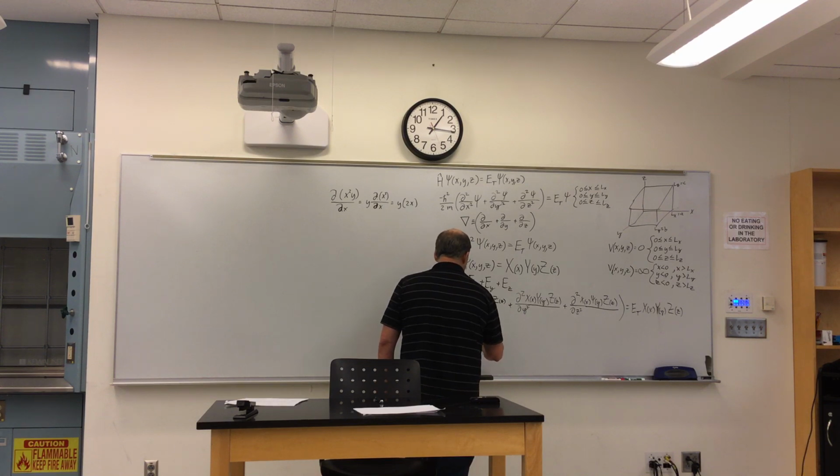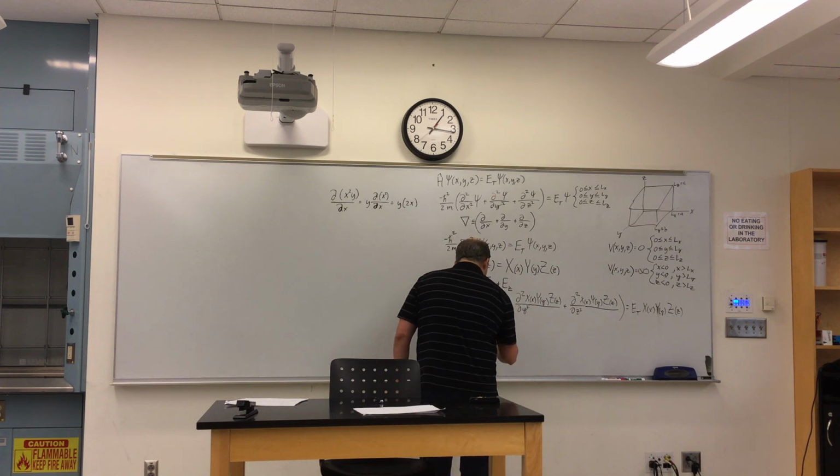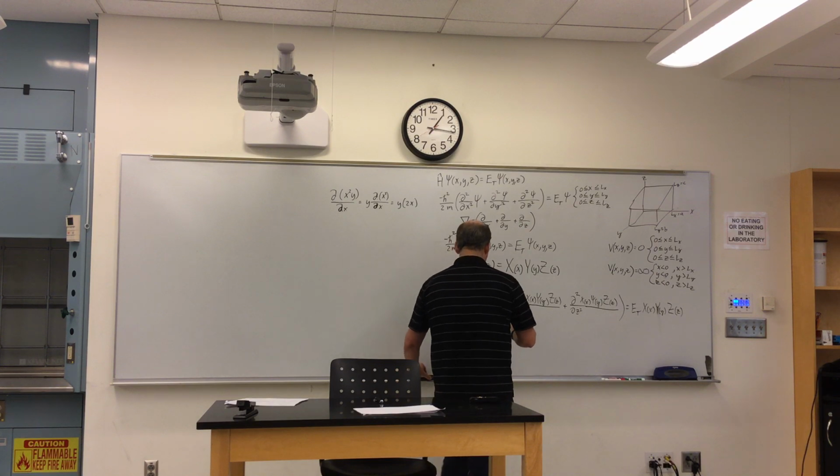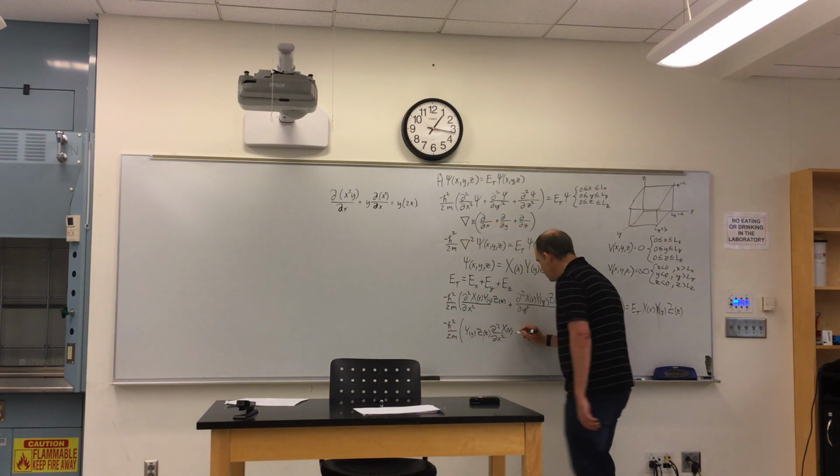y of y, z of z, that's a z. That is really ugly. Del squared x squared of our x component, right?